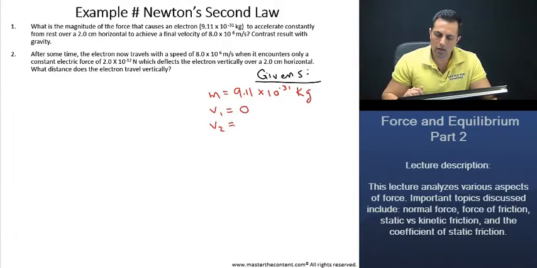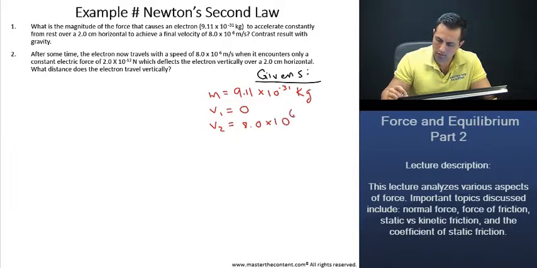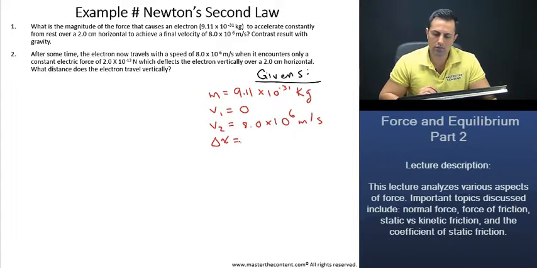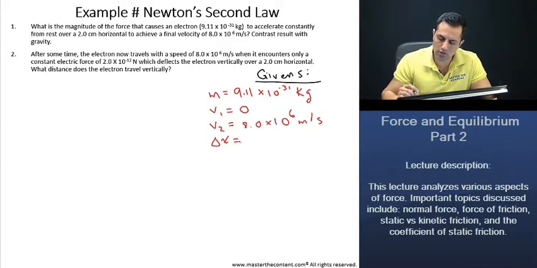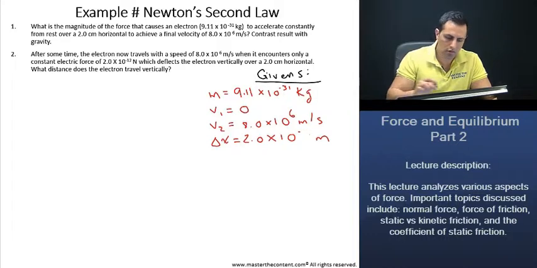V2 is going to be 8.0 times 10 to the power of 6 meters per second. Now, we also know how far the electron travels. It's telling us along the horizontal it's going to be traveling 2 centimeters, and we know that 2 centimeters in meters is going to give us 2.0 times 10 to the power of negative 2 meters.